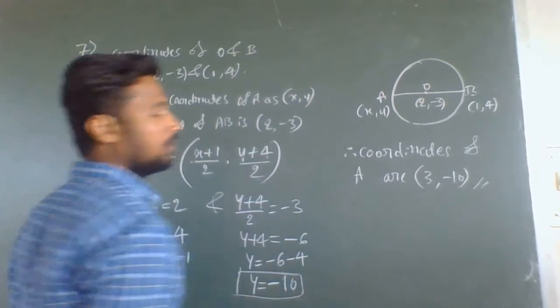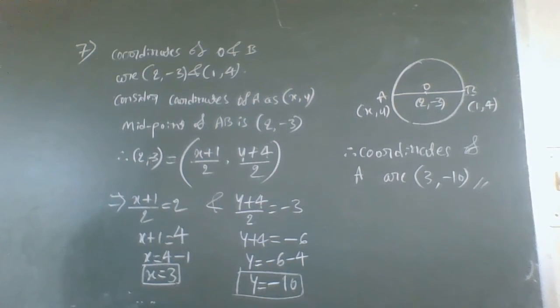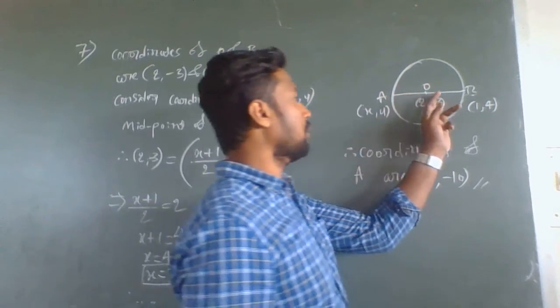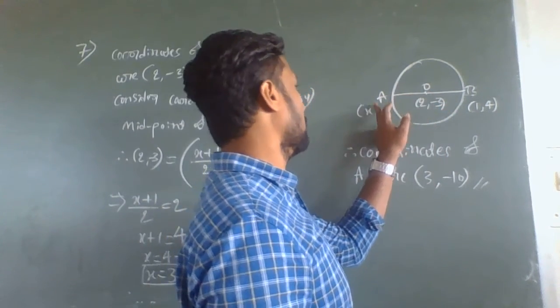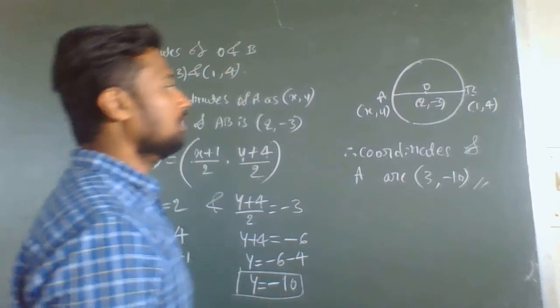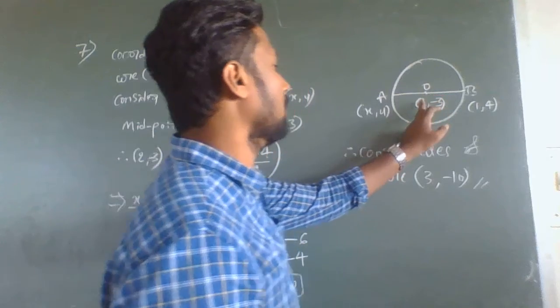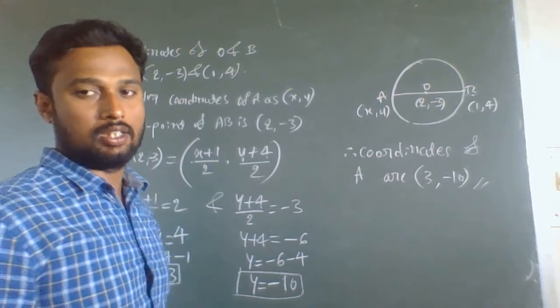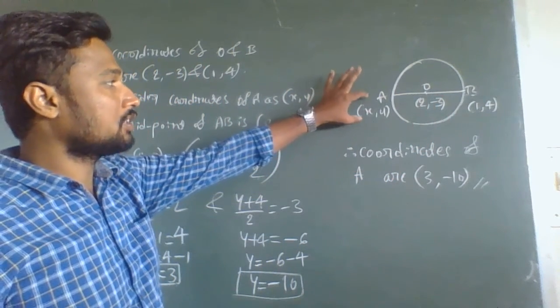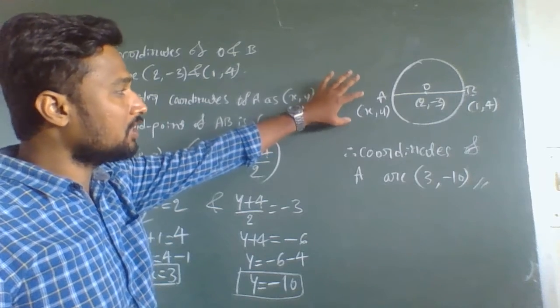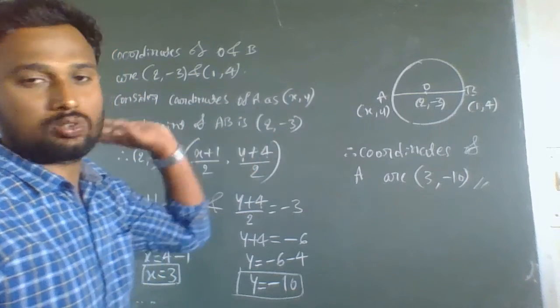These are the coordinate values of point A. Here, they have given that O is the midpoint of the diameter AB, the coordinates of point B are 1, 4, and the midpoint coordinates are 2, minus 3, and we have to calculate the coordinates of A. So we considered the coordinates of A as x, y.